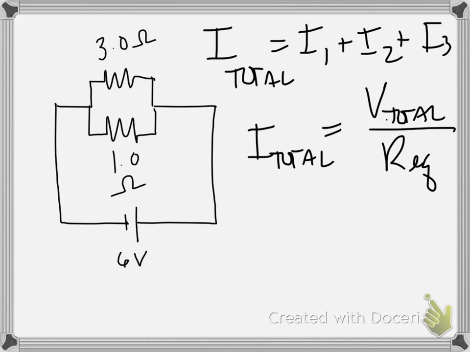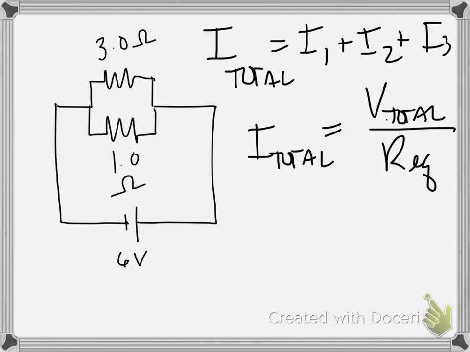So the total voltage divided by the equivalent resistance gives you your I total. In a parallel circuit, the voltage is the same throughout. So the voltage across one resistor is equal to the voltage across the second resistor is equal to the voltage across the third resistor. Voltage never changes, current does. In a series circuit, the current never changes.